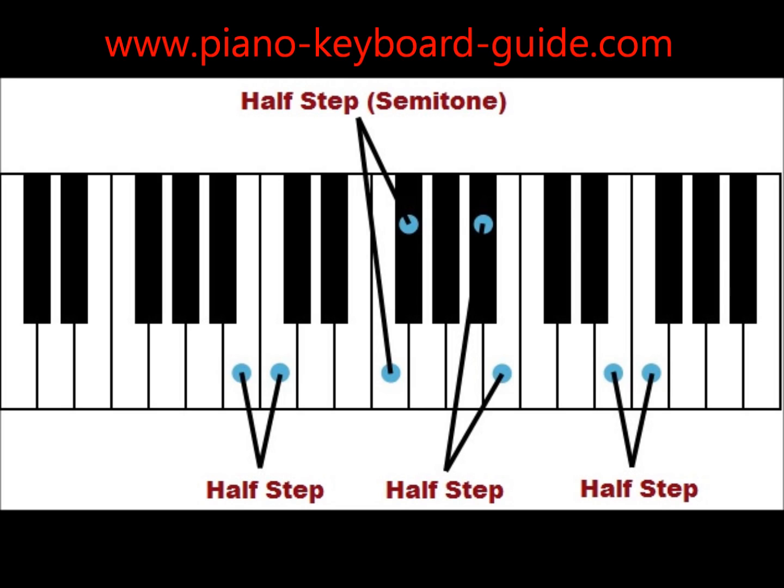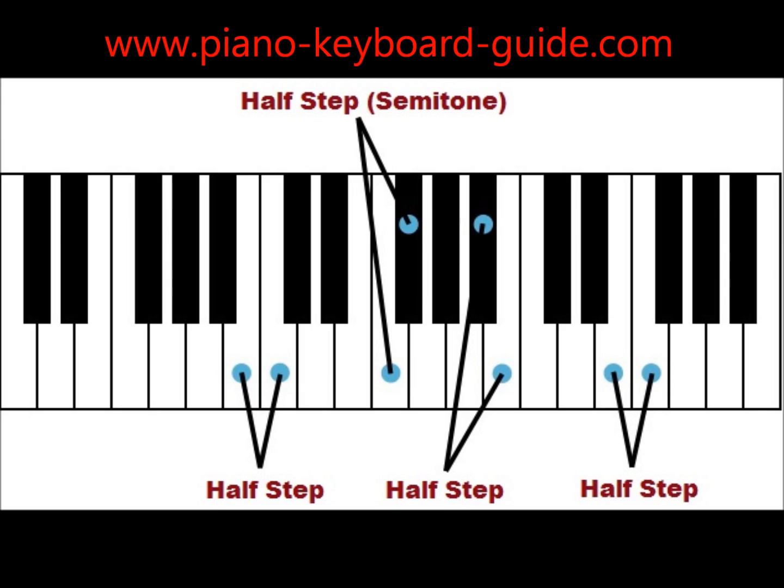Before we go any further, let's talk about half steps and whole steps. A half step, also called a semitone, is the distance from one pitch to the nearest pitch, either up or down. For example, the distance between A and A sharp on your piano is a half step.